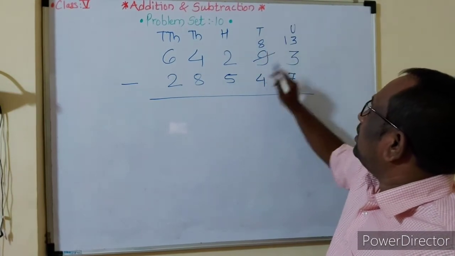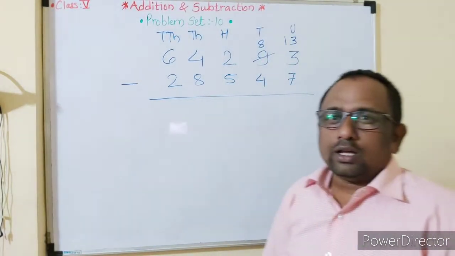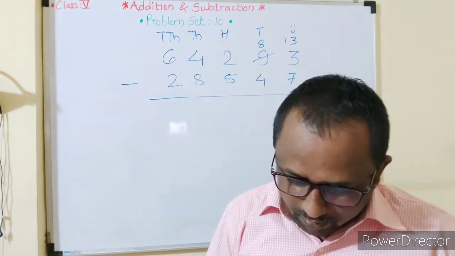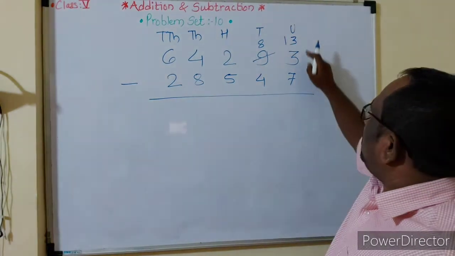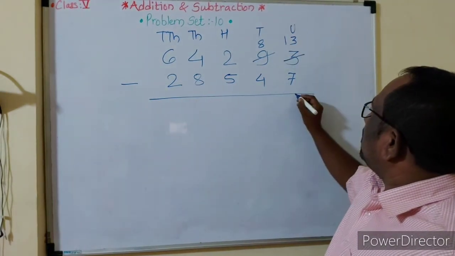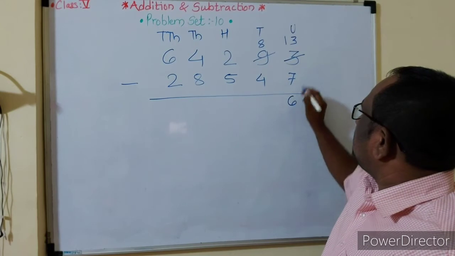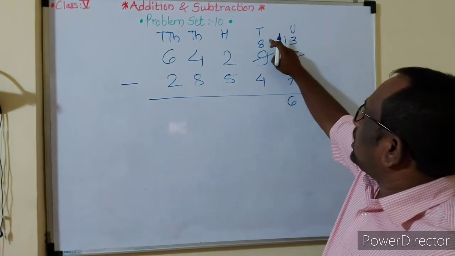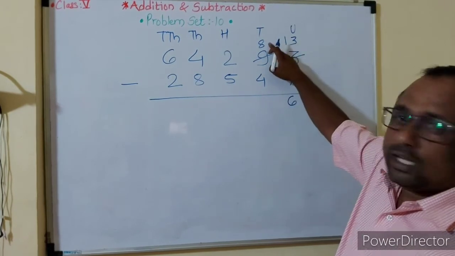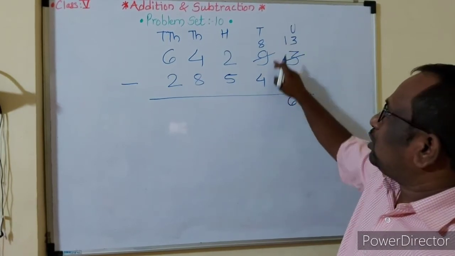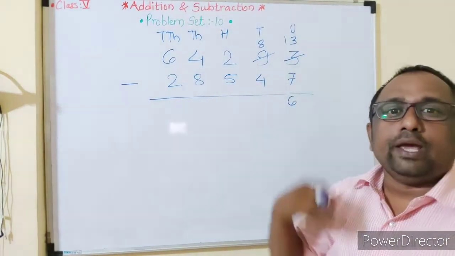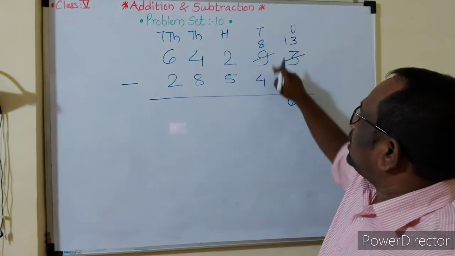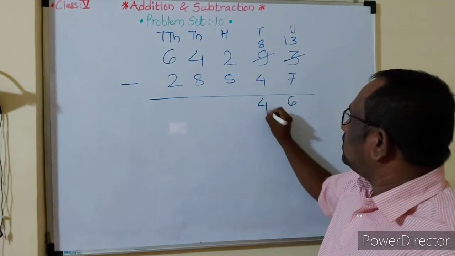Here 8 remains. Now 13 minus 7 is 6. Now in the tens place, 8 and 4. 8 is a bigger number than 4, so we can easily subtract; no need to beg, beg means borrow. So 8 minus 4, the answer is 4.